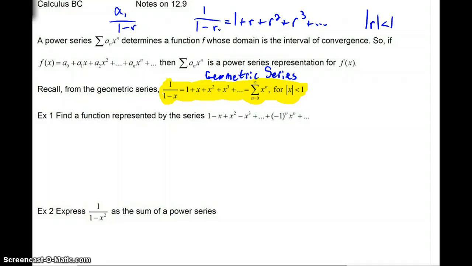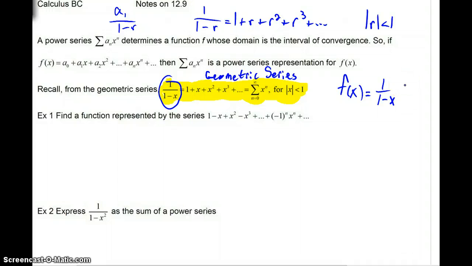Usually kids feel pretty confident with that. They feel okay with it. In a power series, our r has been replaced with x. But what I really want us to think about is this: that 1 all over 1 minus x could be thought of as the function 1 divided by 1 minus x.